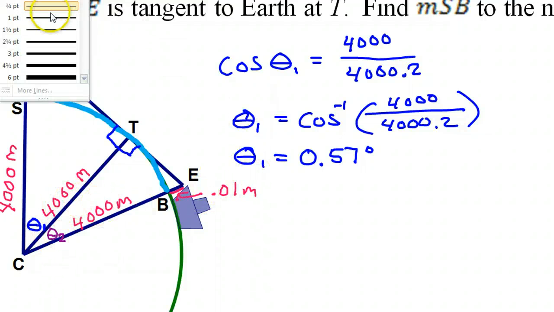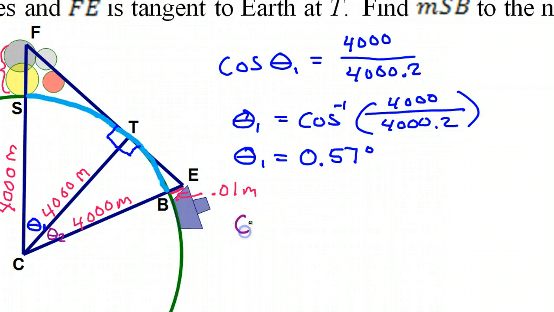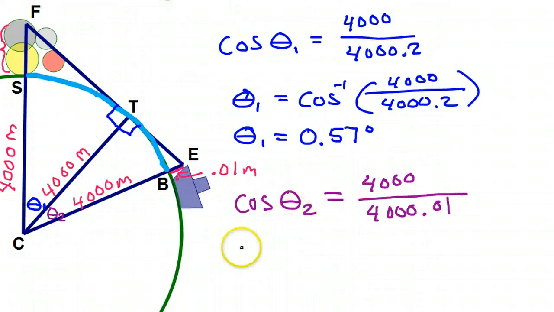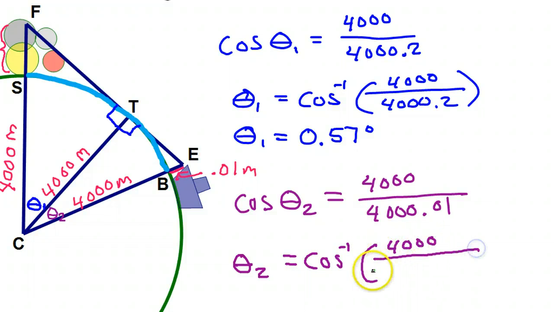Once again, we're going to do the cosine function. The cosine of theta 2 is going to equal 4,000 over 4,000.01. If I want the angle, I'm going to need the inverse trig function, so it'll be the inverse cosine of 4,000 over 4,000.01.